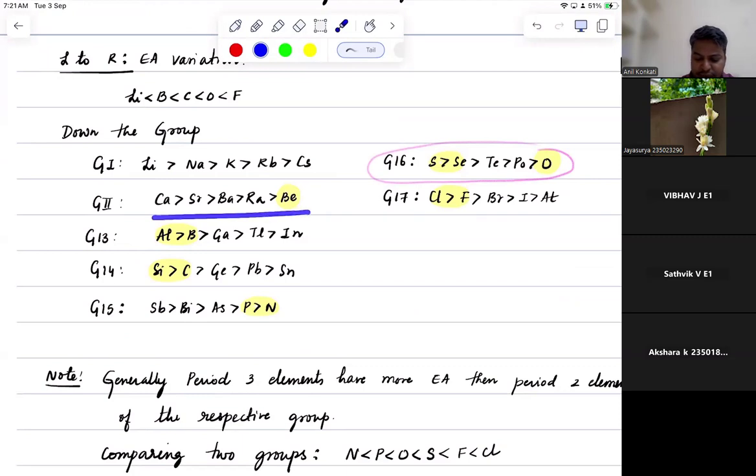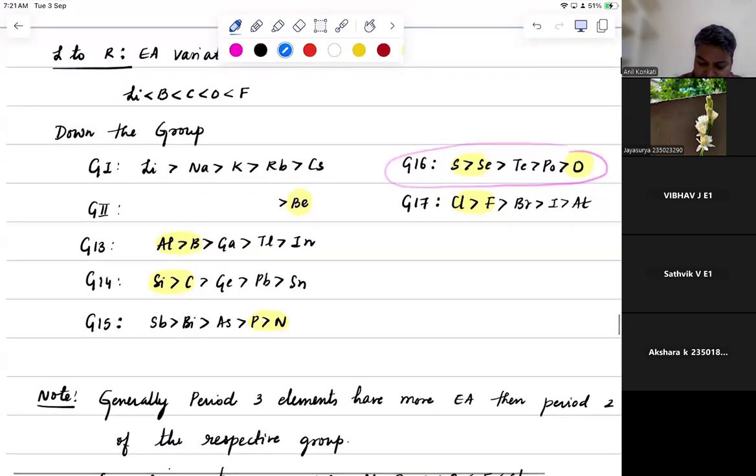Group 2, we have a different trend now. Sorry, let me rewrite that. So in this case, you'll notice that barium is greater than strontium, is greater than calcium, is greater than magnesium and beryllium. In fact, magnesium and beryllium, if you notice, they both have negative electron affinities.